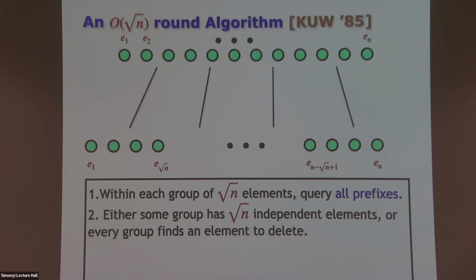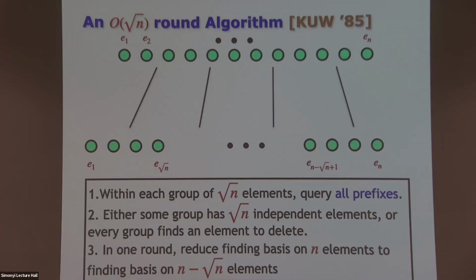And so we're going to delete all of those square root n redundant elements. There are square root n groups. And the claim is that this then reduces basis finding on n elements to basis finding on n minus square root n elements. And so if you just look at the recursion, after only order square root n rounds of this recursive process, it will in fact give you a basis of the matroid in just order square root n rounds.